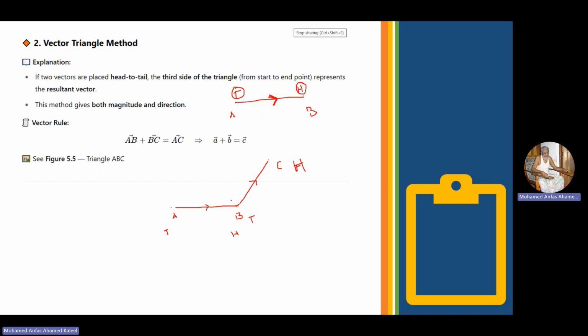These two vectors are placed head to tail. The head of AB is connected to the tail of the BC vector.